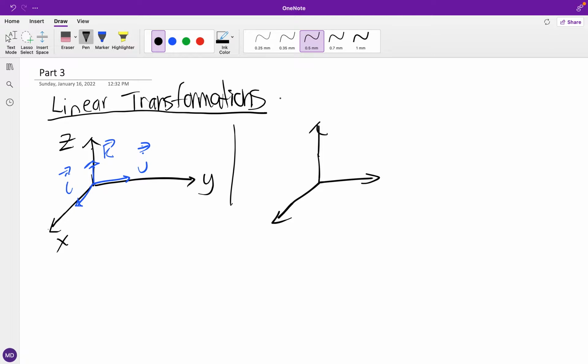Instead of ijk, since we have higher dimensions, we will quickly run out of letters. So we use the notation E1, E2, and E3. Sorry, it's not K, this is Z. This allows us to go into higher dimensions. So we use the notation E1, E2, E3, etc. So that's the first concept.